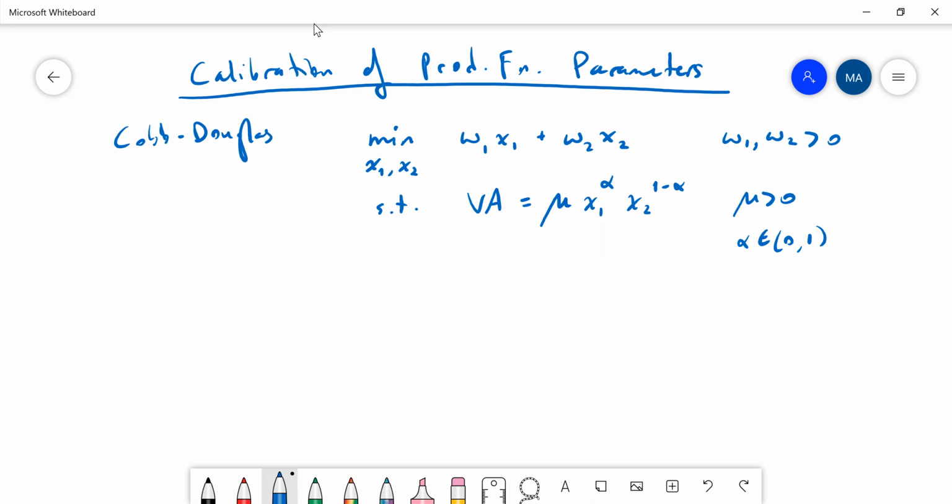Now, how do you solve this problem? You can set up the Lagrangian. Typically, I formulate this as a maximization problem, so I put a minus here.